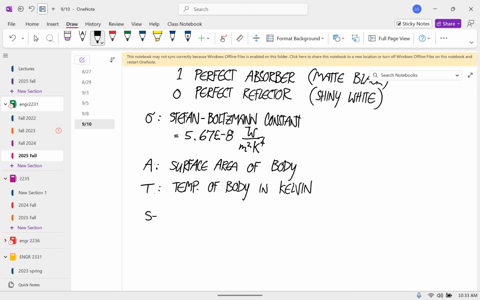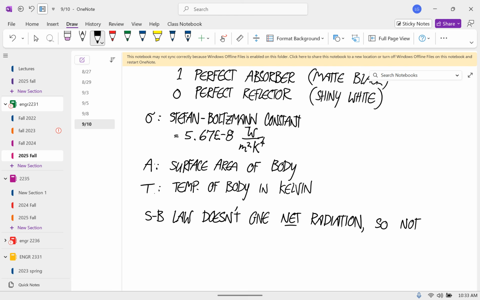Okay, well, the Stefan-Boltzmann law doesn't give net radiation. So if you think about it, this law only gives us half of what we need in order to use radiation in the first law.